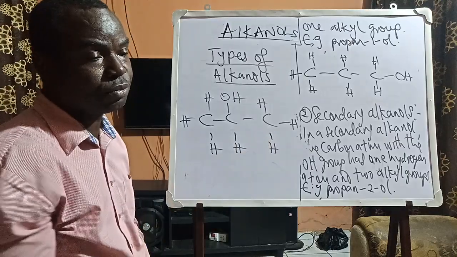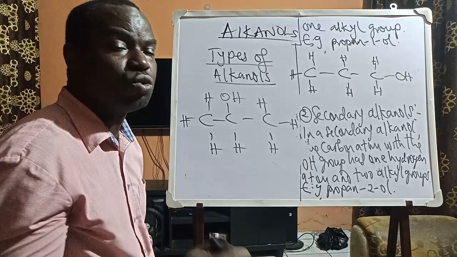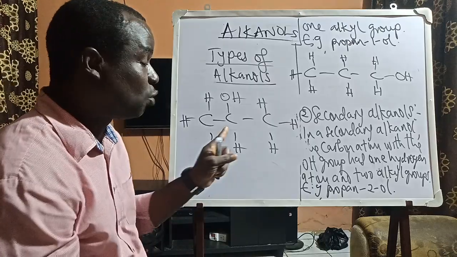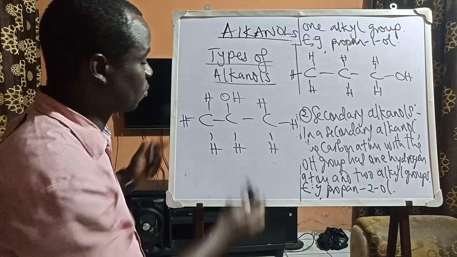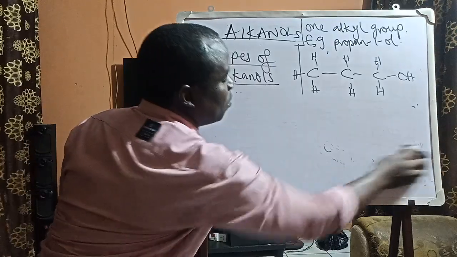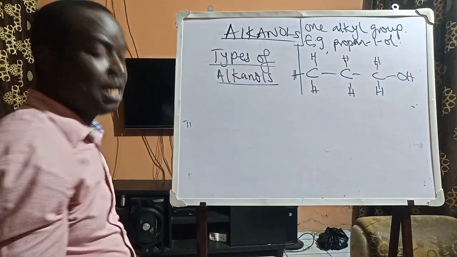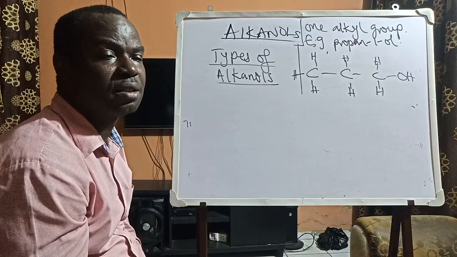Remember what I said? That is for secondary alkanol. So anything 2-ol is a secondary alkanol, provided the carbon atom with the OH group has one hydrogen atom. Take note of that. Then we have the last one, which is tertiary alkanol.